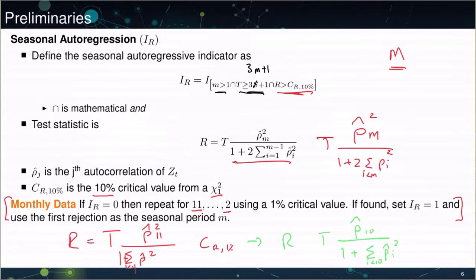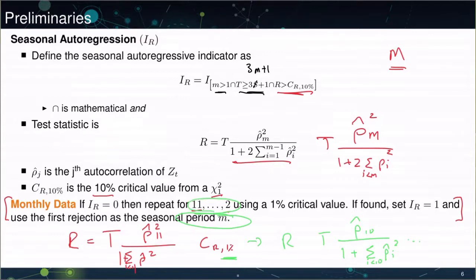You continue that until either you reject at the 1% size or you never reject. If you never reject, then you would conclude that I_R would be 0. But if you did find a rejection, for example at 6, which would suggest maybe there's a 6-month seasonal, then you would include I_R equals 1, and you would actually change m, and this is the important thing, you change m to reflect the value that you found through this repeated testing process.